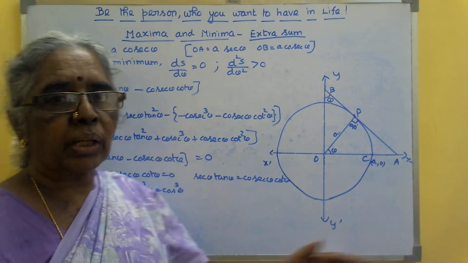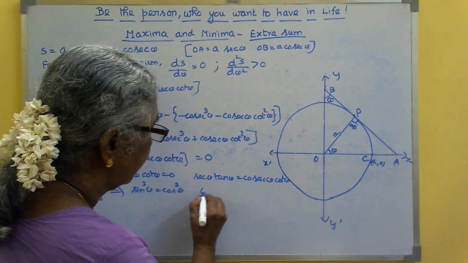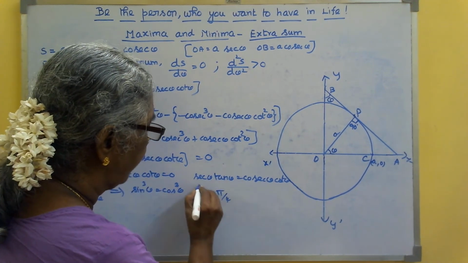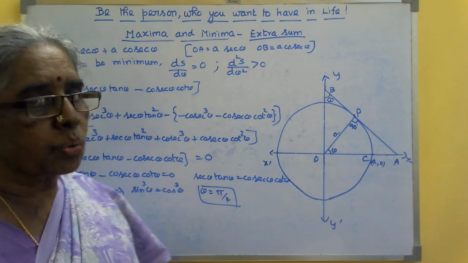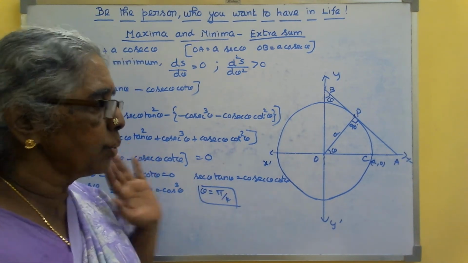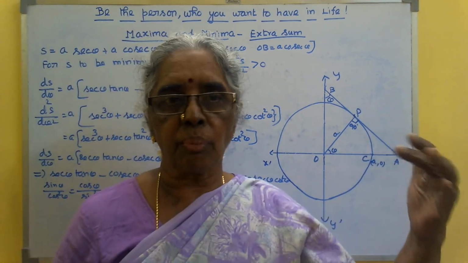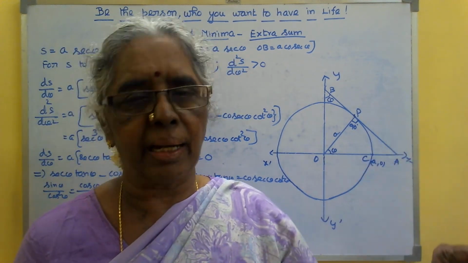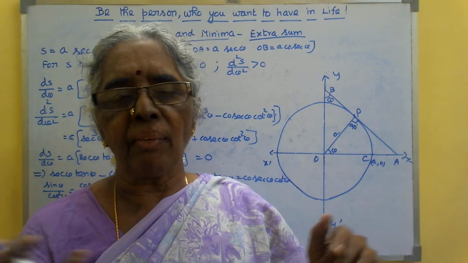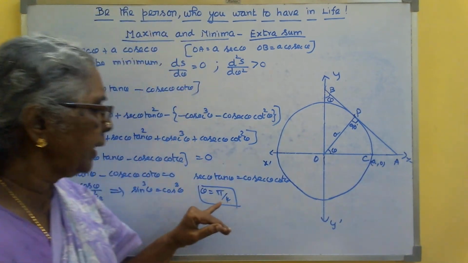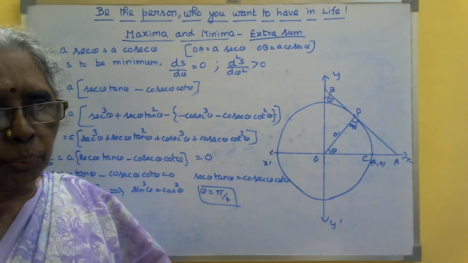So that will give you sine theta is equal to cos theta and theta is equal to pi by 4. Because it is in the first quadrant, you can take this value straight away. If you actually factorize it, you will be getting another term a squared minus ab plus b squared like that, and you won't get any real value there, so you leave it. So theta is equal to pi by 4, that's what you got.